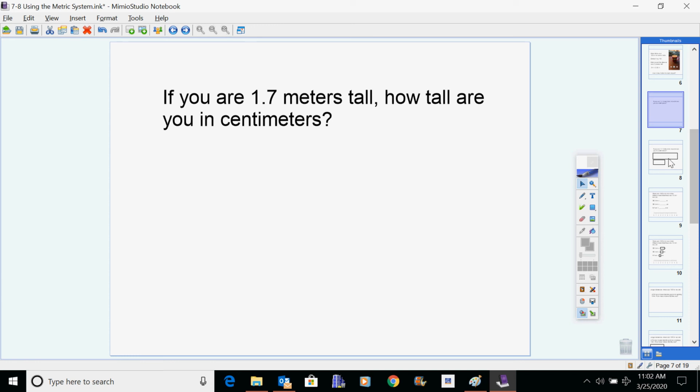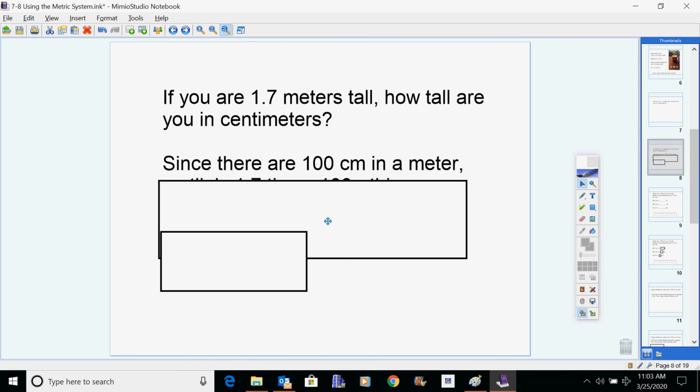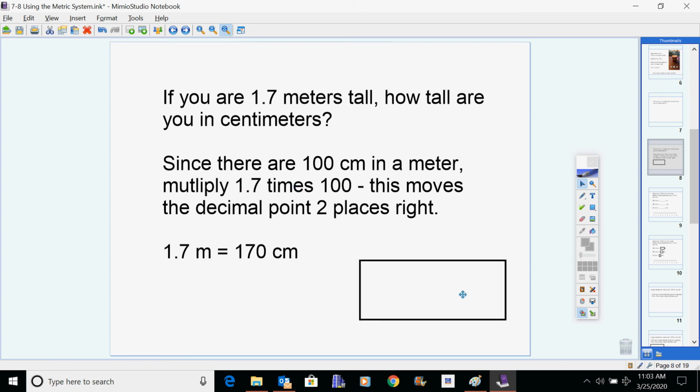So when you're thinking about what to do with that 100, you're probably thinking there's a whole lot of the little units in the big unit. So that means you're going to be multiplying instead of dividing. So we'll multiply the 1.7 times the 100. And that will move the decimal point 2 places to the right. So what that means is that your 1.7 meter height turns into 170 centimeters.